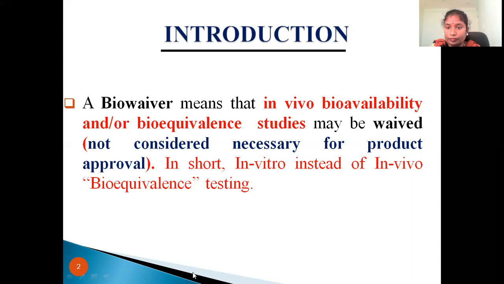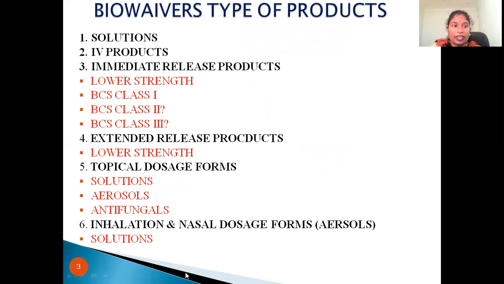Before going to this type of biowaiver product, why is this happening? If you study the same product again on the same subject, conducting the same human trials again, you will not get the same bioequivalence results.